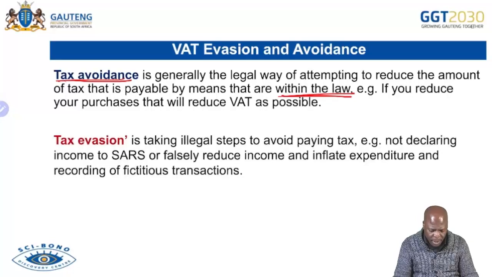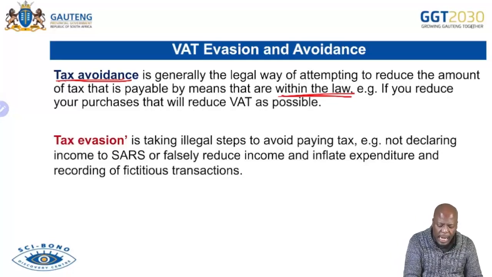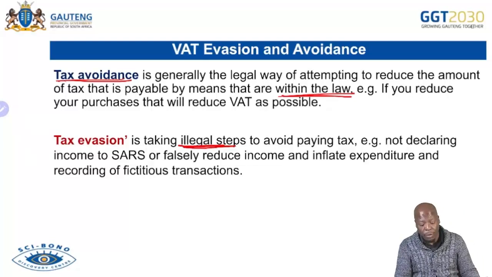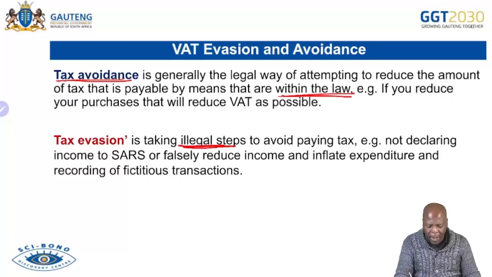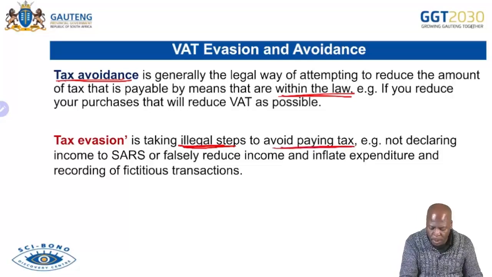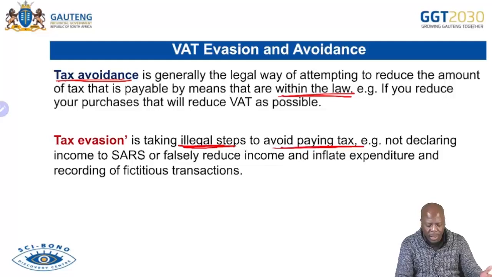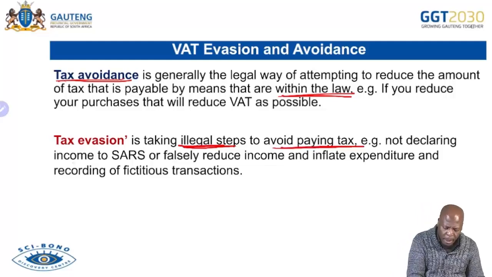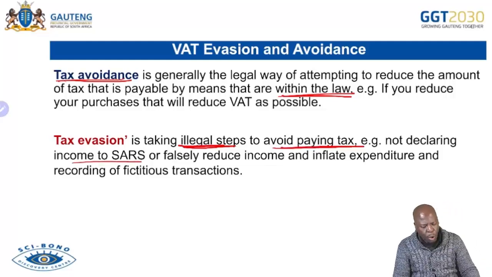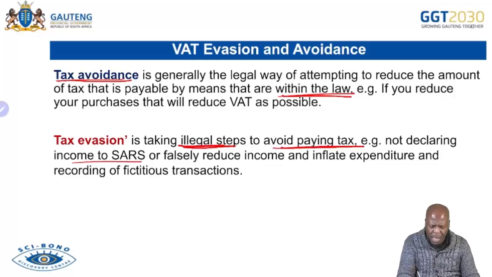Tax evasion, now, it is illegal. All right? Remember, avoidance, legal. Evasion, illegal. So tax evasion is the illegal steps to avoid paying tax, such as not declaring some amounts over to SARS, or you forcibly reduce the income so that you can inflate your expenses.